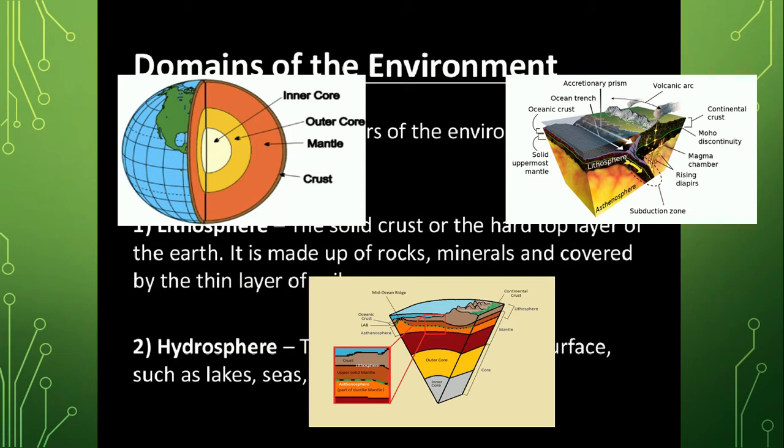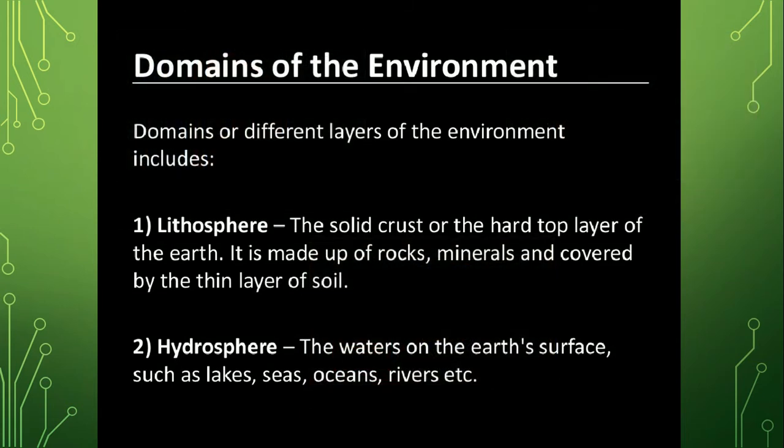We see this in surrounding areas. Lithosphere provides us forests, grasslands for grazing, land for agriculture and human settlement. And the most important part of lithosphere is the source of minerals. That's why lithosphere is an important domain of the environment.